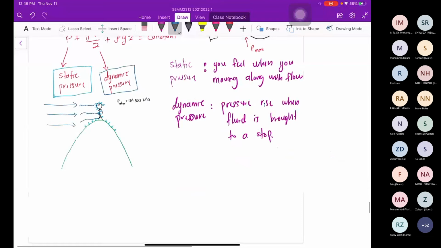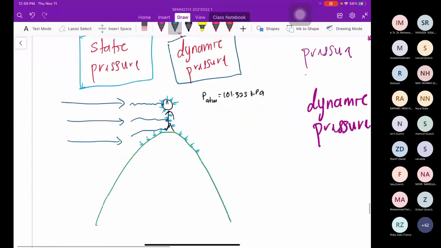So let's say this is point 1, with pressure P, and this is P naught. P naught is the stagnation point, and we call it P naught and V naught, the velocity at the stagnation point, and Z naught.